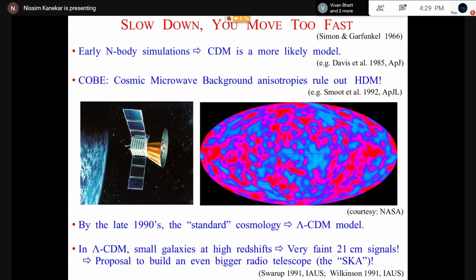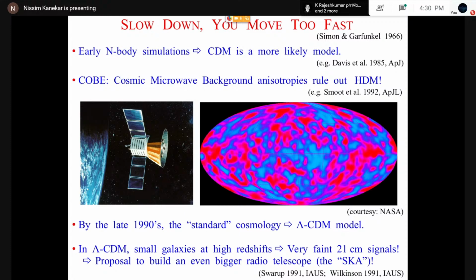They have individually very faint 21 centimeter signals, and you build up bigger galaxies by the mergers of these small galaxies. And so that basically meant it is going to be very, very hard to detect 21 centimeter emission from individual galaxies with the GMRT or with any telescope that was being built at the time.